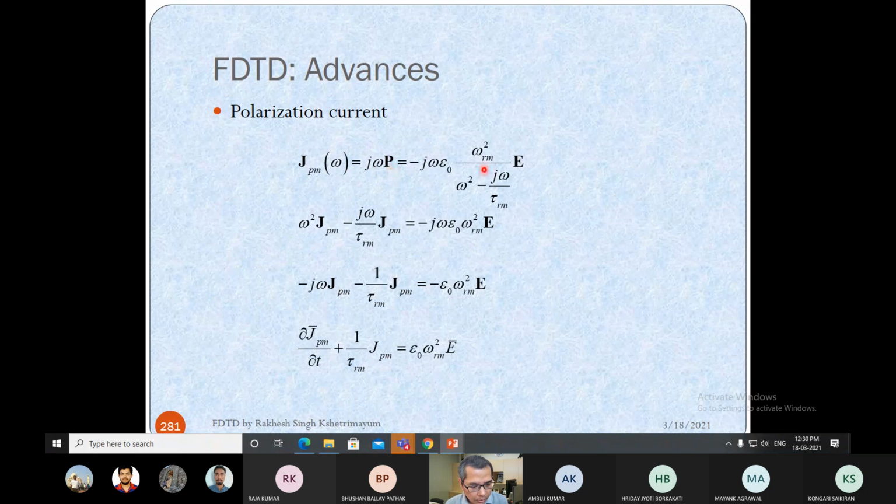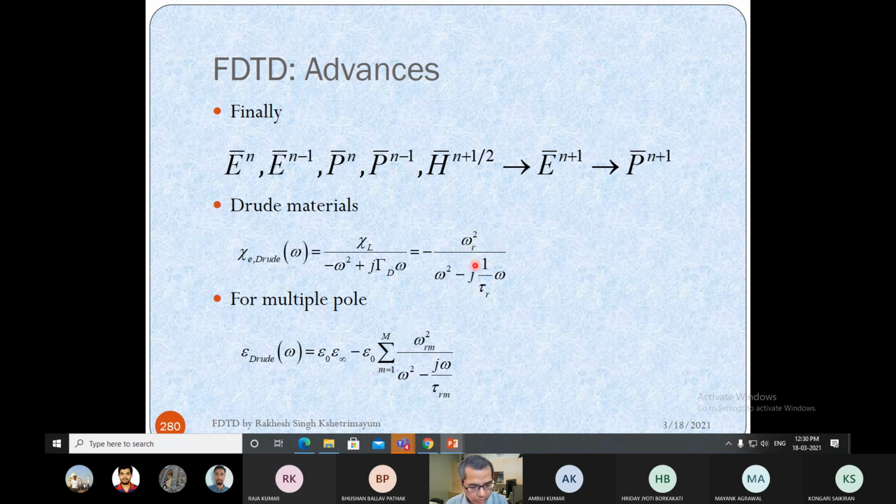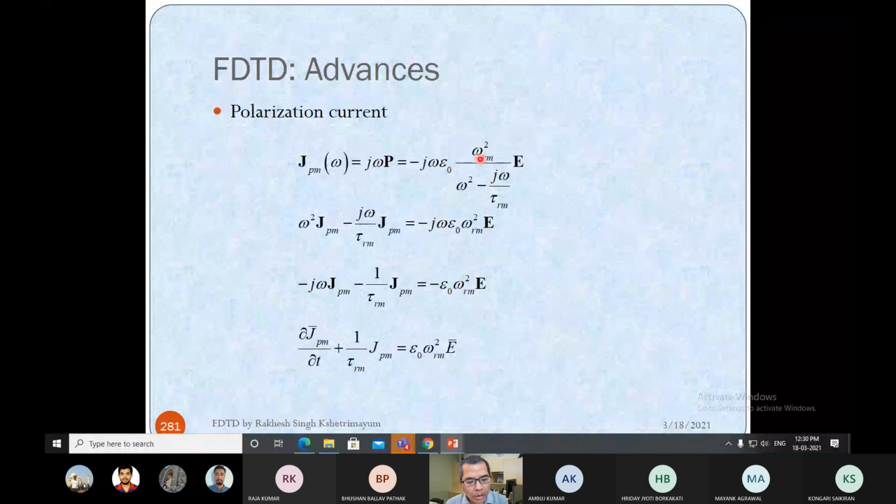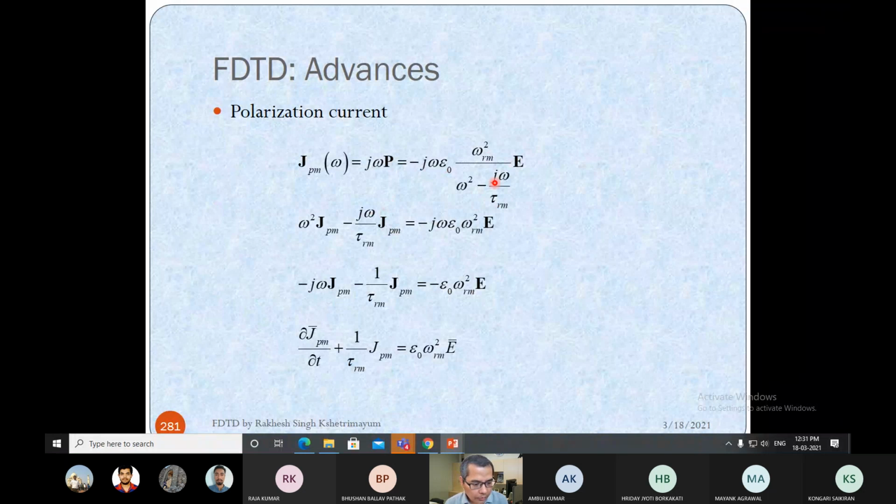So you can write down the relation we have just got now: j omega into chi E. Chi is this, you multiply by epsilon 0, this is what we have here: epsilon 0 omega rm squared by omega squared minus j omega by tau rm, with a minus sign. Then you multiply by the electric field, you get P. Then you transfer this term to the left hand side. Finally, what you get is omega squared JPM minus j omega by tau rm JPM equal to minus j omega epsilon 0 omega rm square E.